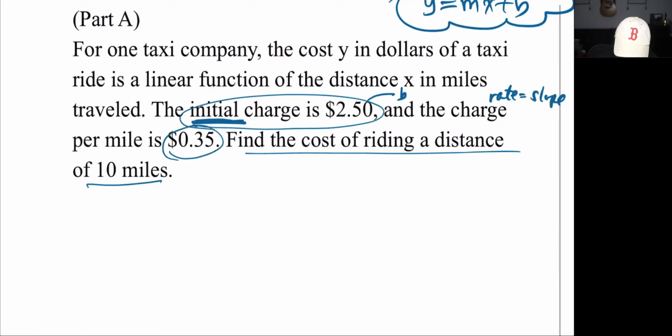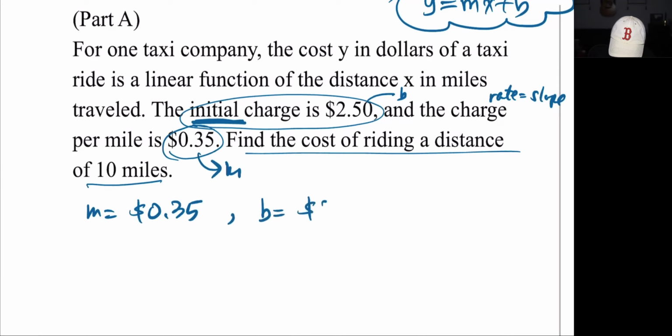So that is the slope right there, m. My m is 35 cents, and the y-intercept is $2.50. We don't need the dollar signs over here, okay?